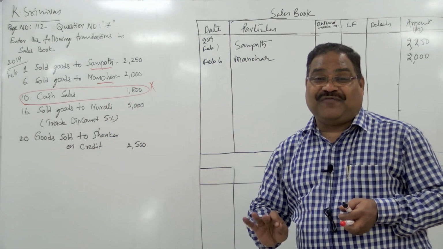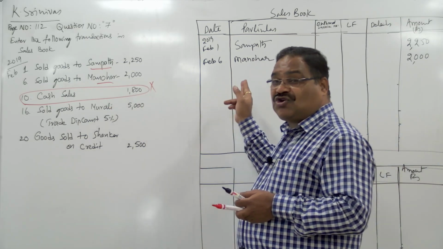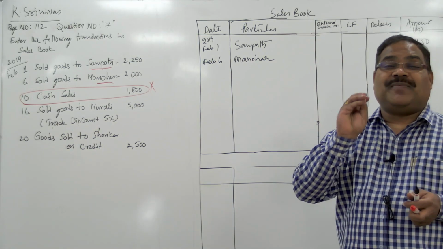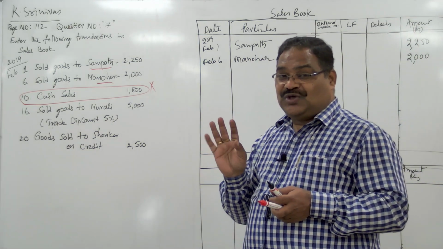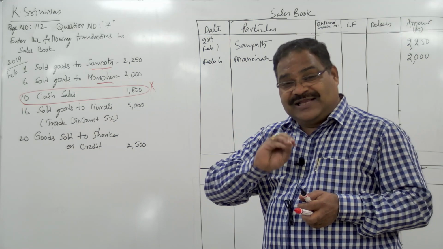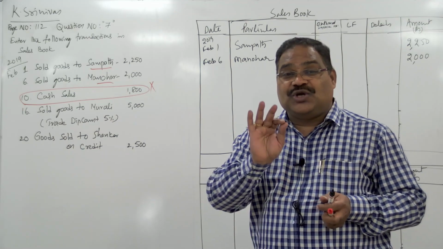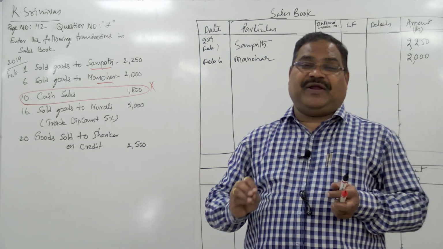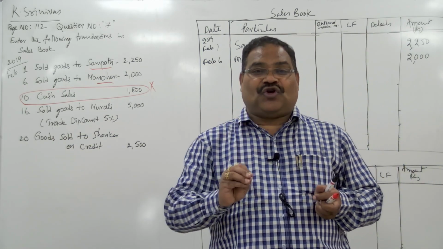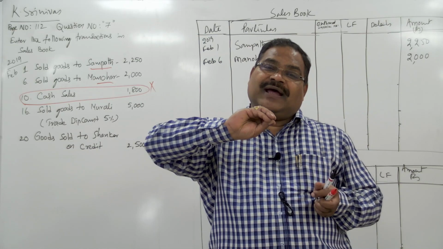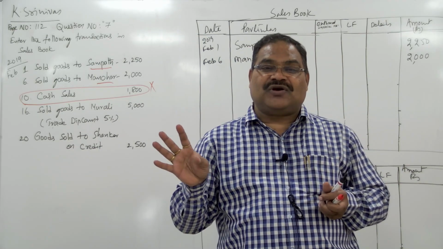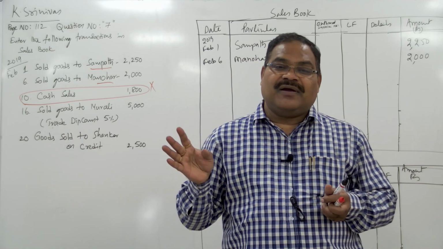You should be very careful. If you have taken this transaction into the book, then ultimately you are going to lose your marks. All these are very simple things, but you should be very careful. Definitely in every problem they will give you a few transactions which you are supposed to neglect, omit, or leave.